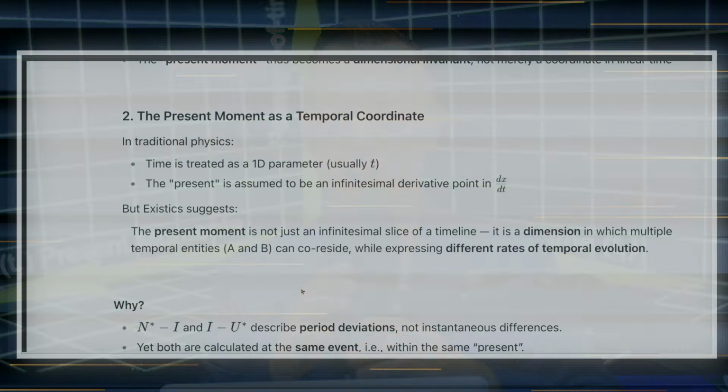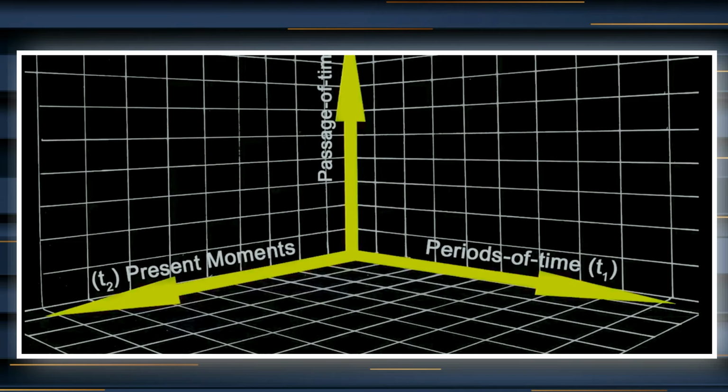All right, let's go ahead and cut to this image behind me. Right now, I am in a three-dimensional space, and I'm going to show it to you. Over here we have present moments, and over here we have the periods of time. Each one of these lines represents a different period, but each of these lines across here is a different present moment.